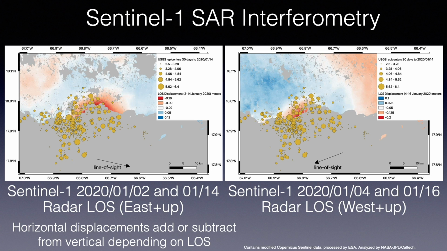And you can see that even though these two interferograms are measuring the same deformation due to the main earthquake, the horizontal and vertical components add and subtract in different ways because of the different line of sight direction.